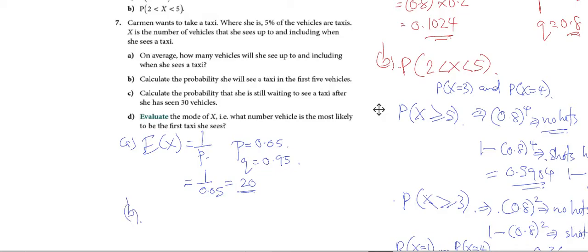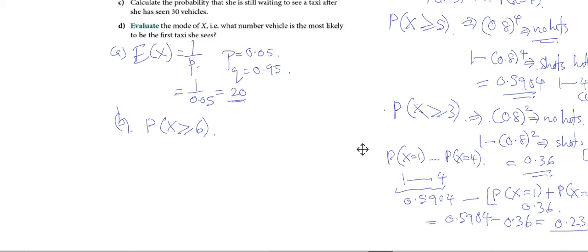Okay, B, calculate the probability she will see a taxi in the first 5 vehicles. Again I'm going to use the reverse method. What if she sees a taxi for the first time only on the 6th and onwards?